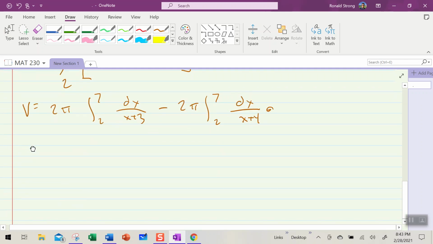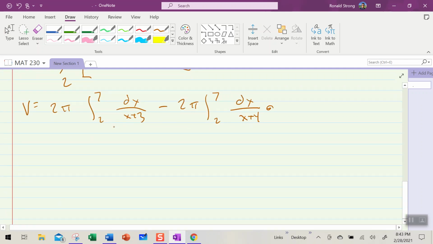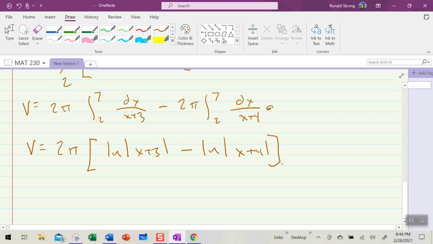Then, integrating it, this looks like the log rule. So volume is equal to 2 pi times the log of the absolute value of x plus 3 minus the log of the absolute value of x plus 4, all evaluated from 2 to 7.